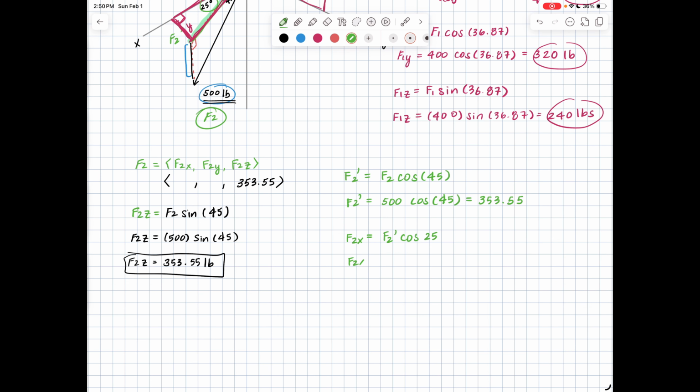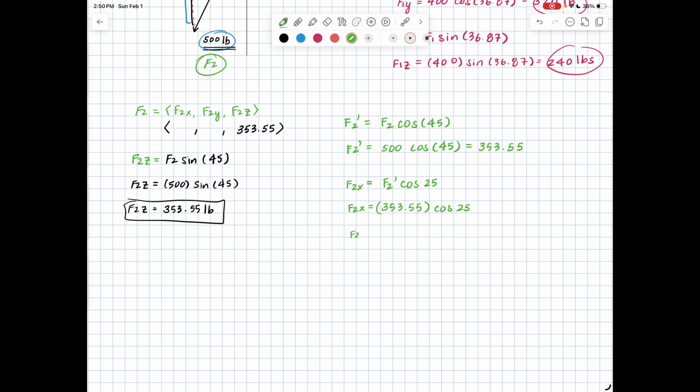So F2x equals 353.55 times the cosine of 25. And that's going to give me F2x, which equals 320.43 pounds.